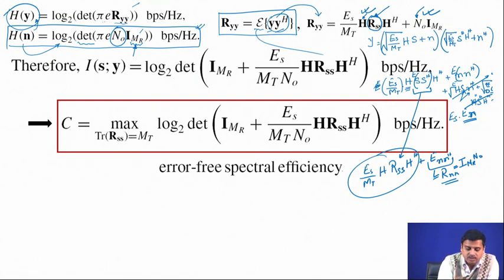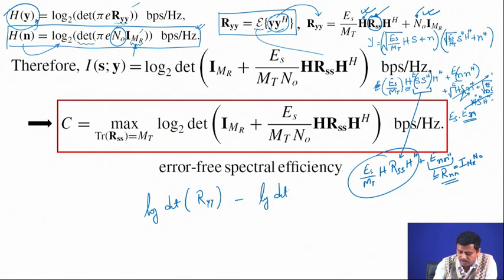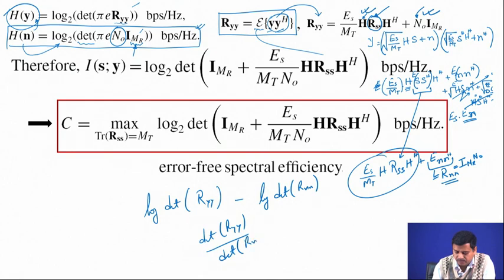So, log determinant of RYY minus log determinant of RNN, you can say it that way. So, you have determinant of RYY upon determinant of RNN and a log outside that.